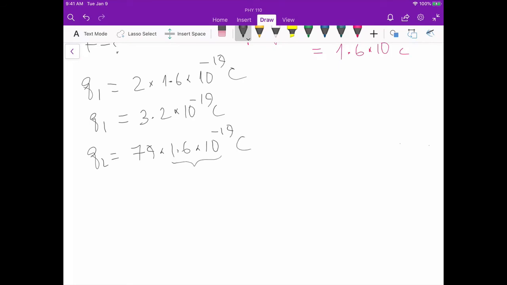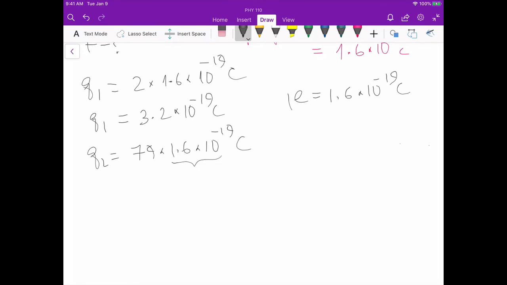Remember, this is for e. So when you see e, it means that 1e is equal to 1.6 times 10 to the power of negative 19 Coulomb. All right.